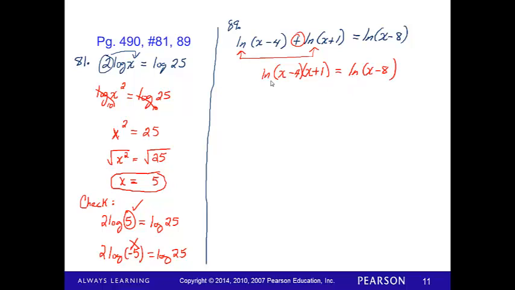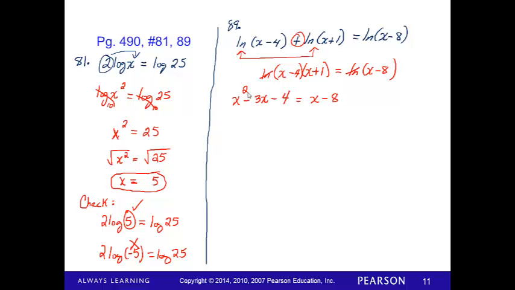Now we have natural logs on both sides, which means they're the same base. The natural logs go away, and we have x minus 4 times x plus 1 equals x minus 8. So let's solve it, which means we're going to have to multiply out the left side. So that's x squared minus 3x minus 4 equals x minus 8.